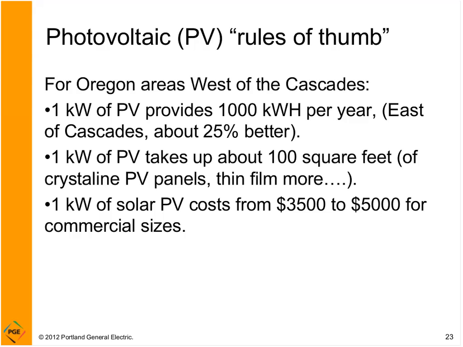Kilowatts and kilowatt hours are something that's very confusing to many people, particularly when you first start looking at doing a PV system. A kilowatt is an instantaneous output. So for example, at any given time, you could put a meter on a solar system and say, I'm producing this much power right now.